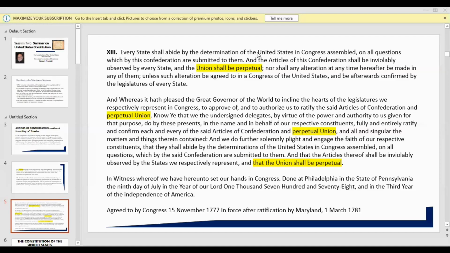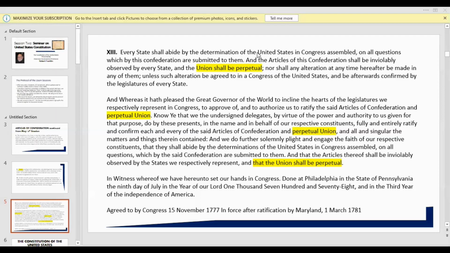Shortly after the Revolutionary War began, as you know, the colonists were not doing very well. They were losing a lot of battles. In 1777, it was right after two wins, Lexington and Concord. But as we got into the latter part of 1777, it didn't look like the Americans were going to win this Revolutionary War.